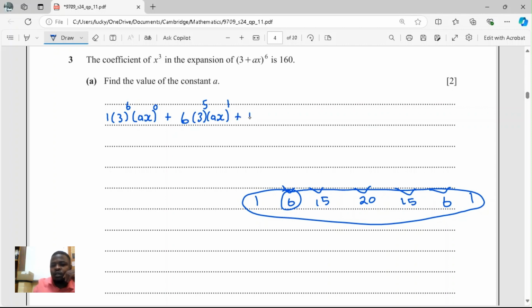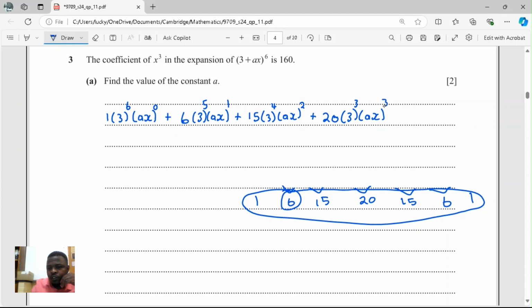Then I go on to the 15, I put my 3 and my ax. It will now be raised to the power of 4, this one to the power of 2, then plus a 20. Then it's the 3 and the ax, raised to the power of 3.